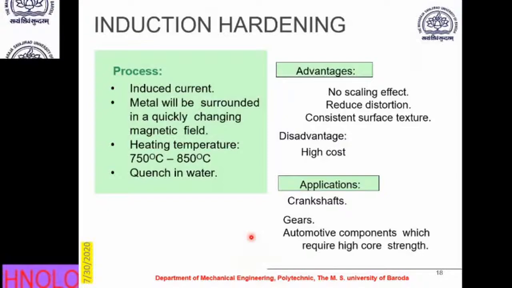What are the advantages? No scaling effect, reduces distortion, consistent surface texture. The disadvantage is high cost, because the induction heating setup is a costly setup. Applications: crankshafts, gears, automotive components which require high core strength.